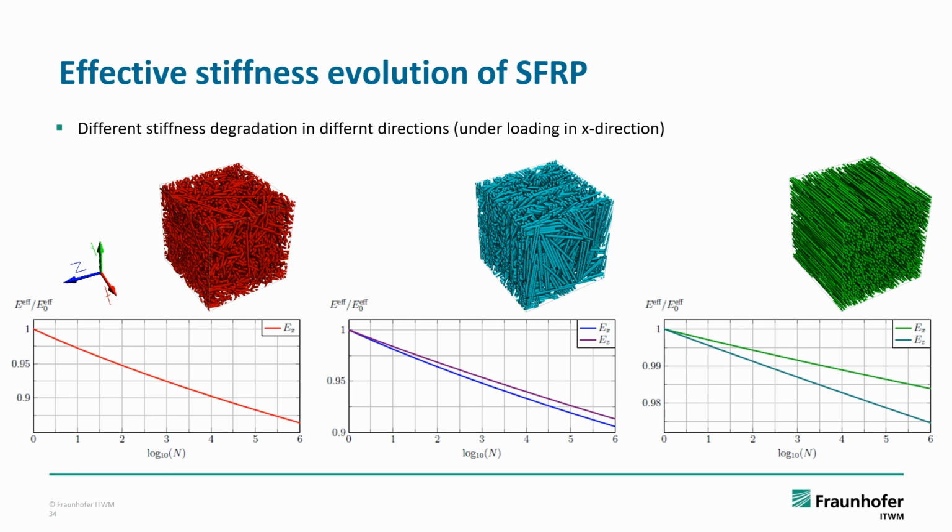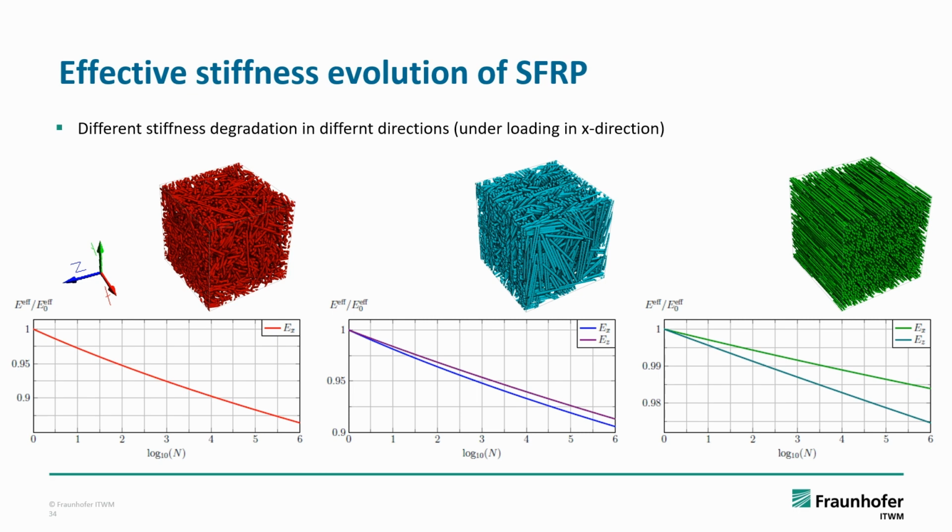Also, the evolution of the stiffness is anisotropic. So starting from an anisotropic initial state, the evolution or the degradation in each of the directions of the Young's modulus also depends on the fiber structure and the load case. And you can see here the case of loading in X direction. The coordinate system is also shown on the left here.